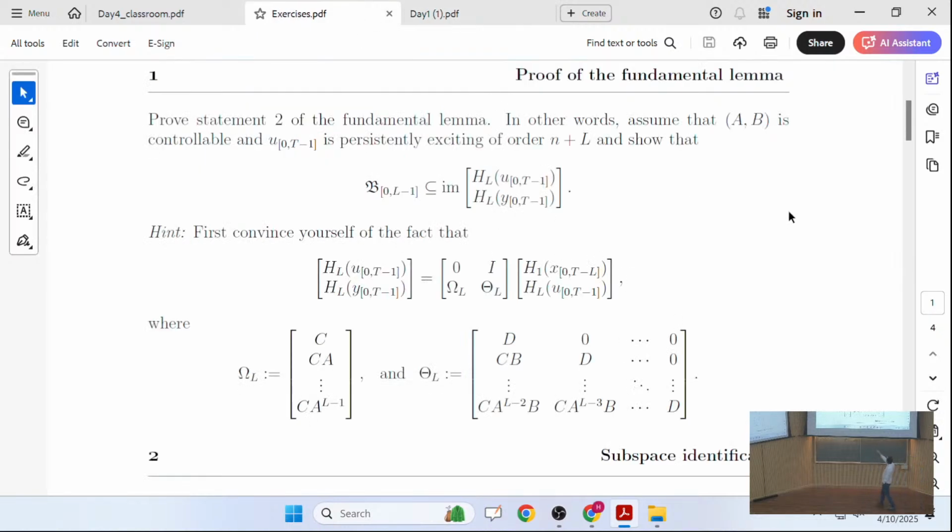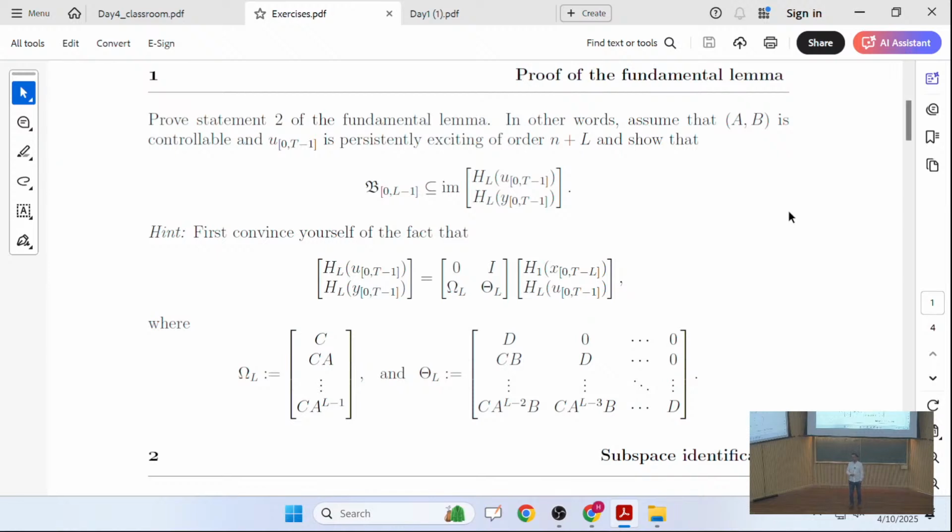You see this omega L and theta L, right? So now, first I claim that this restriction is nothing but image of [0, omega L; identity, theta L]. Okay?